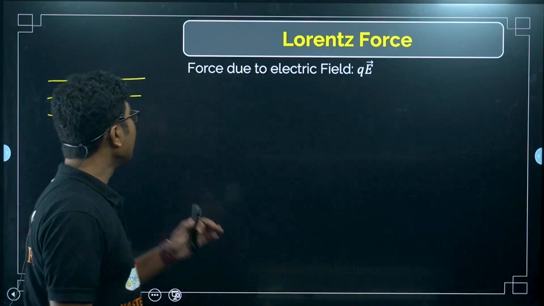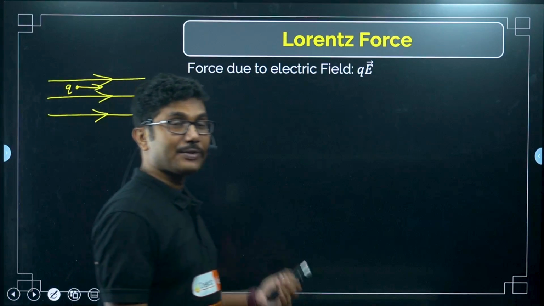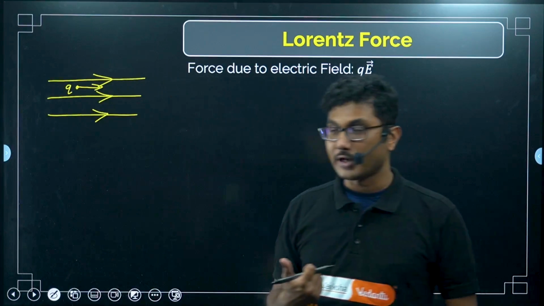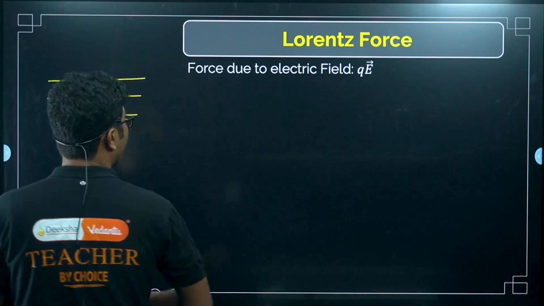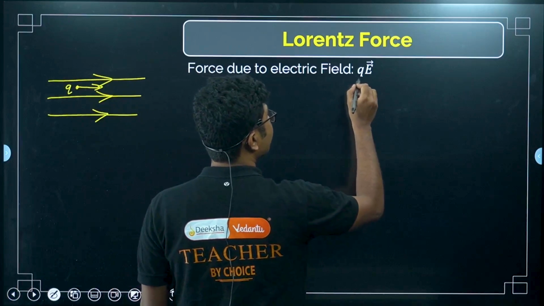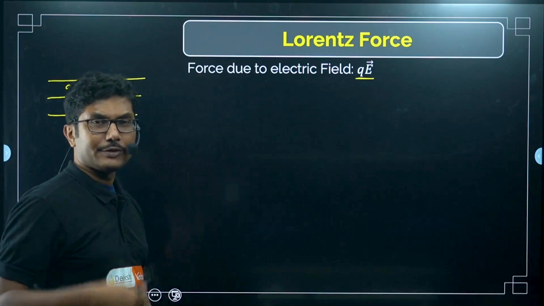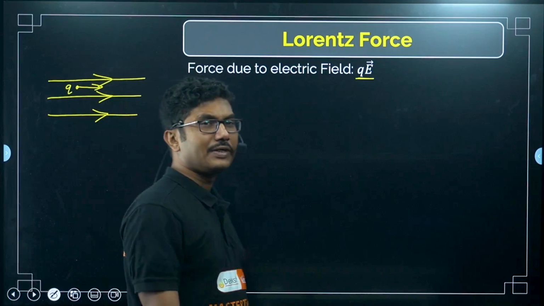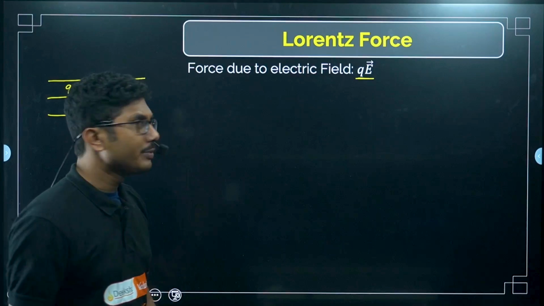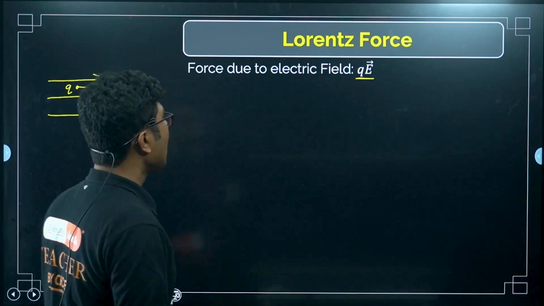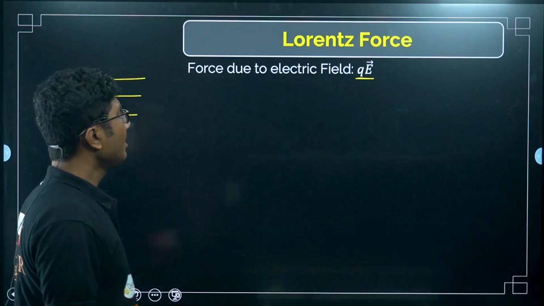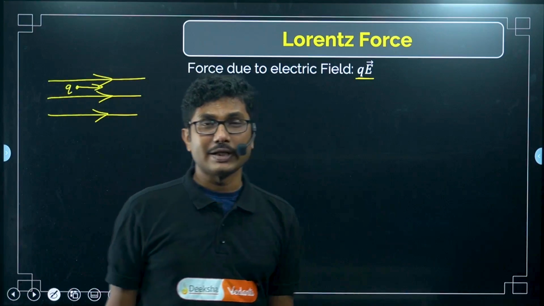And when the charge is negative, it experiences a force opposite to that of the electric field. So in general, we can write this force as QE. If Q is positive, it will automatically be in the direction of the electric field. If it is negative, automatically it will be opposite to that of the electric field, right? So this is the force on a charge kept in an electric field.